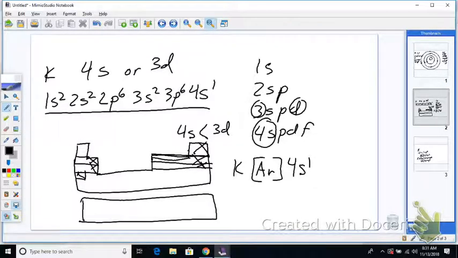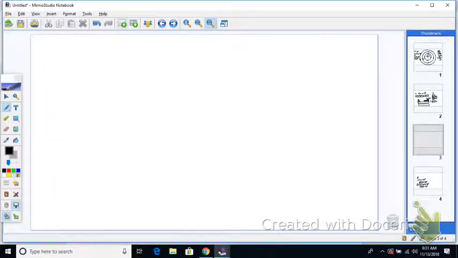Okay, now we're going to do 2. And for these 2, I want to see if you can do the long hand. What I'm going to have you do is vanadium, and vanadium is element 24. Is it 23?